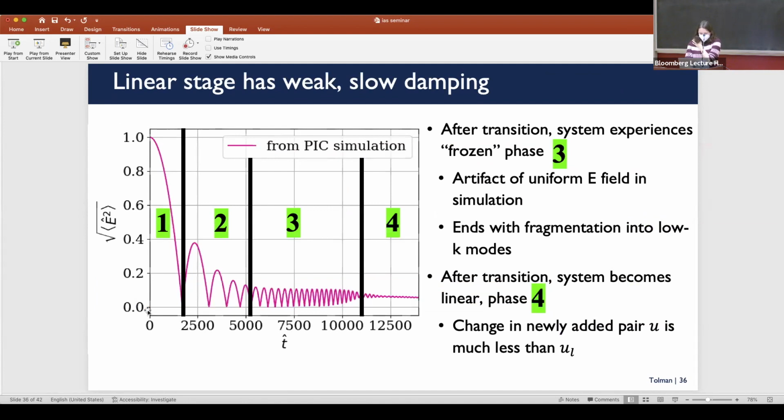Great. Okay, so after we complete the nonlinear damping, we're going to enter later phases of the discharge. There's this phase 3, which I'll just call the frozen phase. This is when the amplitude of the oscillations is not going to change very much. This is actually an artifact of the simplified setup we've taken.